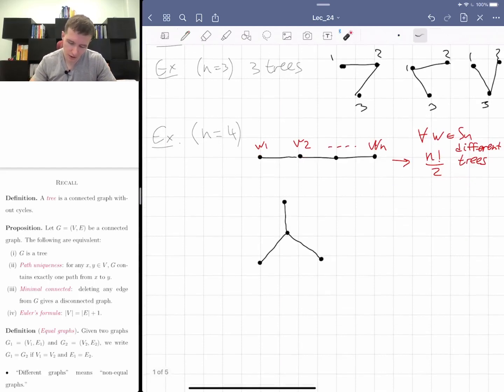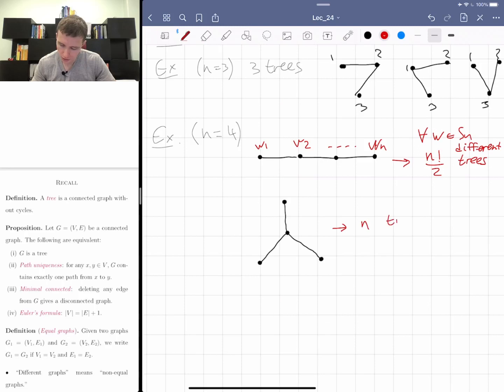And similarly here, all the branches of my star, I can permute them without changing the tree. So the only special vertex is the one in the middle. In particular, there are n options for this.